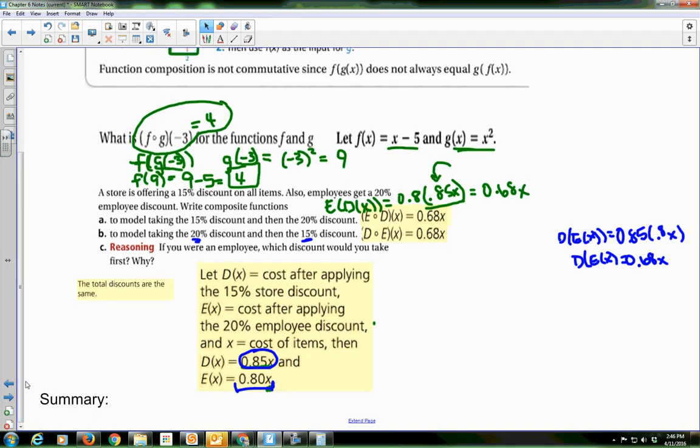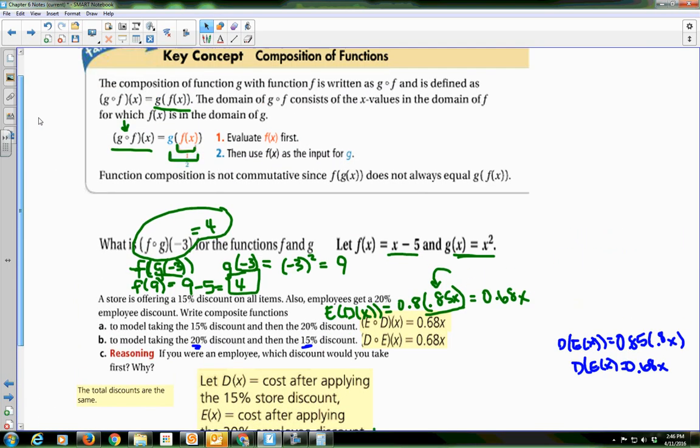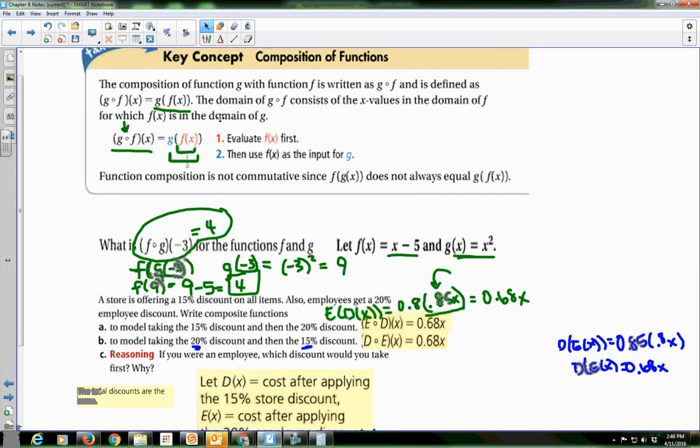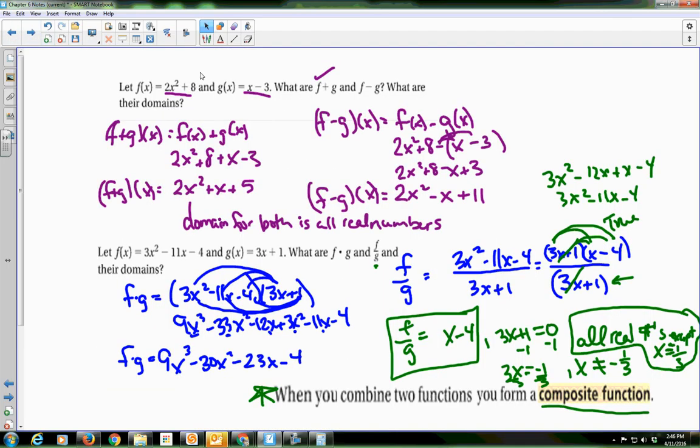All right, take a moment and summarize everything that we talked about. Make sure you put in there composite functions, how this little circle doesn't mean multiply, but means to put a function into another function. Make sure to include how to add, subtract, multiply and divide, and exclude any values that make the denominator equal to 0 before you simplify.